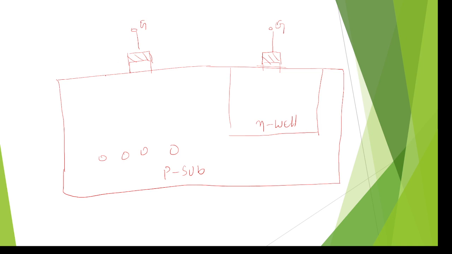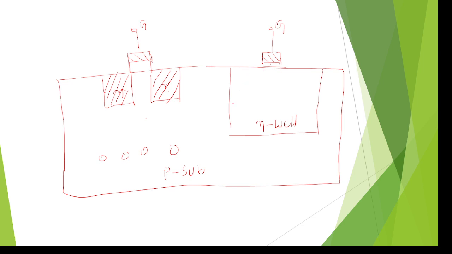Coming to the left side transistor, diffuse the electrons because it is a P substrate; we need to insert electrons into the P substrate. Now you can see we are designing an NPN transistor on the left side.